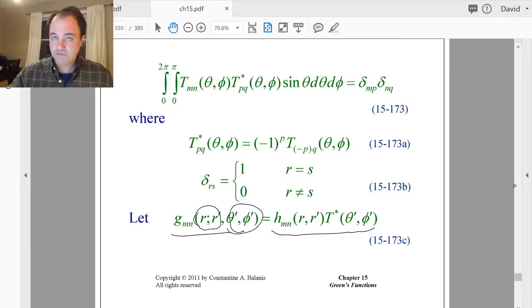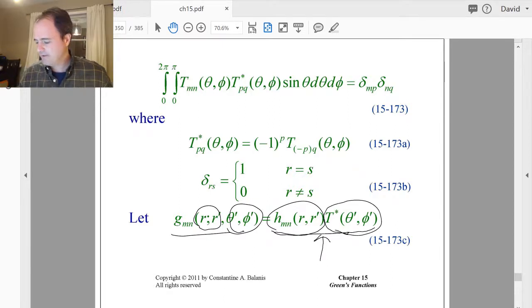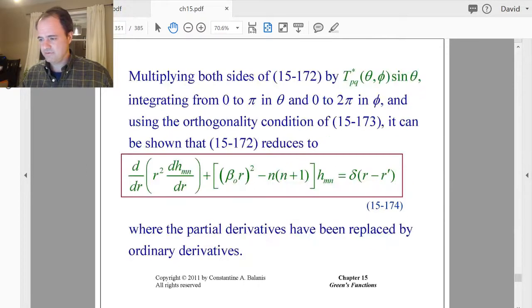And we're going to assume that we can do separation of variables to take out the r dependence from the theta prime, phi prime dependence, and express that as a tesseral function as well, which we should be able to do because of the fact that the Green's functions must be symmetric with respect to theta, theta prime, and phi, phi prime. All right, so the G's must have a theta prime, phi prime dependence that corresponds to a tesseral function.